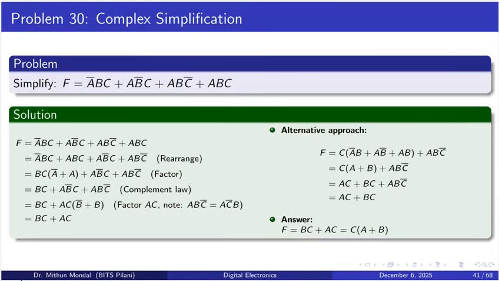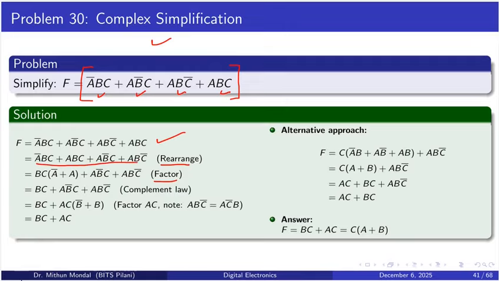Now, if you have a more complex simplification process where you have expressions like this with 3 variables, and the function is a bar bc plus a b bar c plus a b c bar and then a b c. So what we do is take this expression and rearrange the terms properly, so that we can do proper factorization.